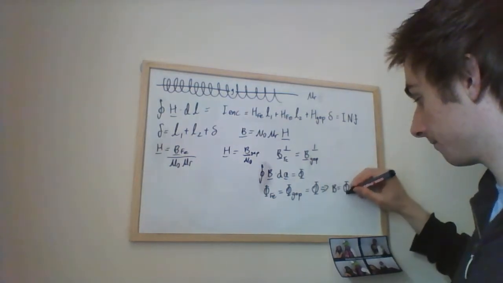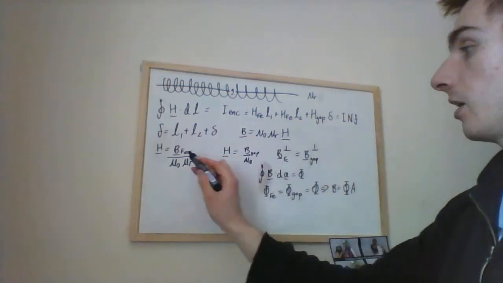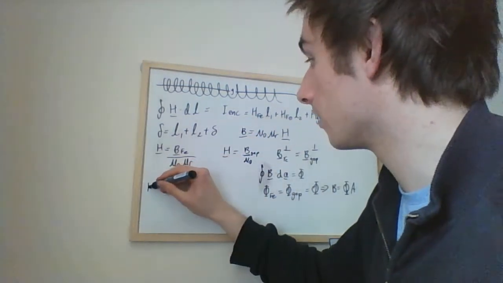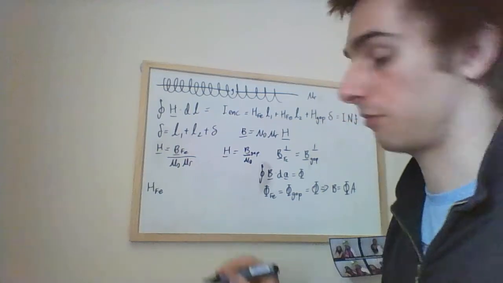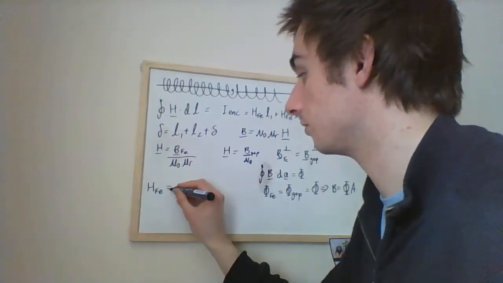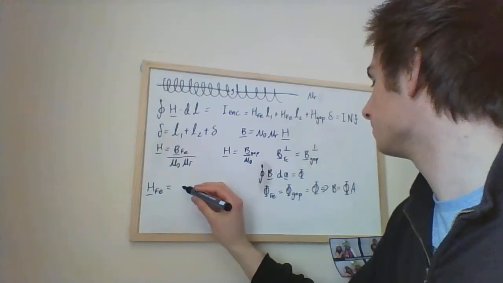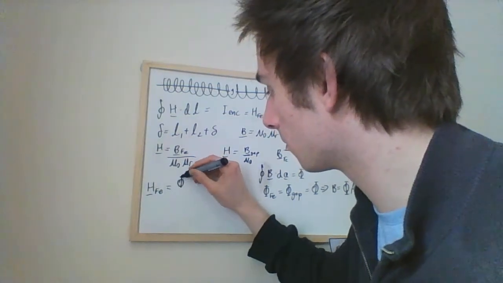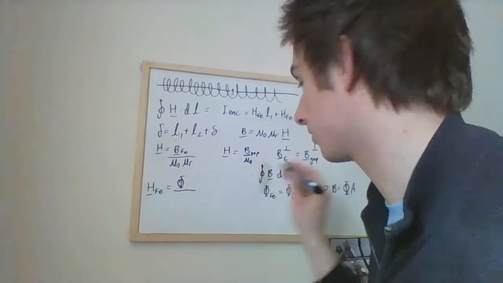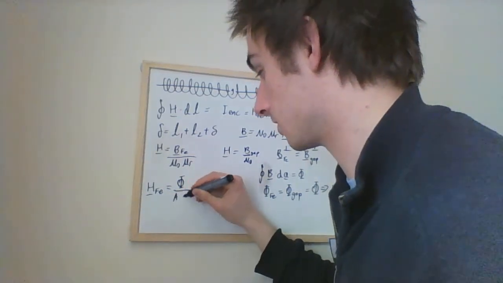Yeah. So plugging that back up into these guys, we have H field through iron is equal to, a bit all over the place, I'm sorry, is equal to flux, just a generic term for flux now because we know they're both the same.